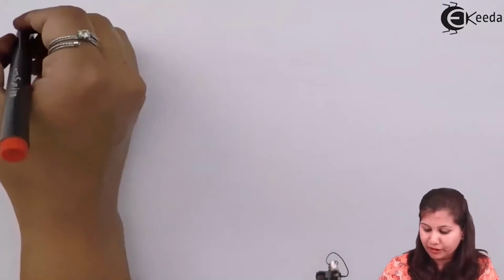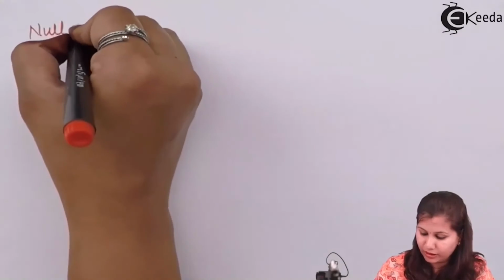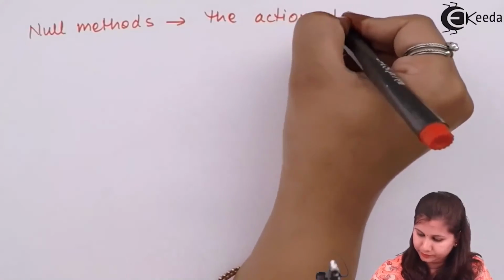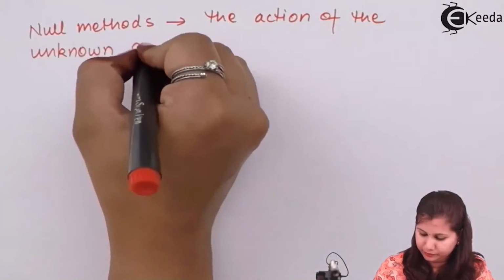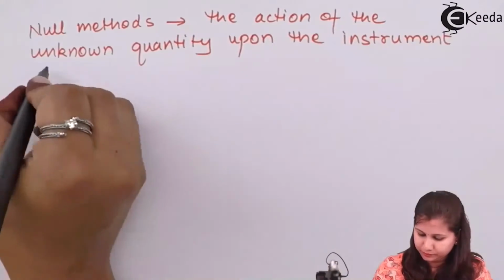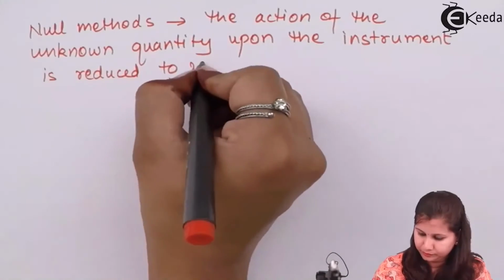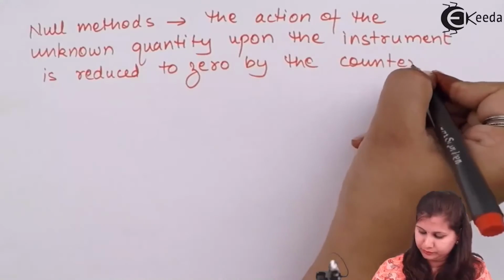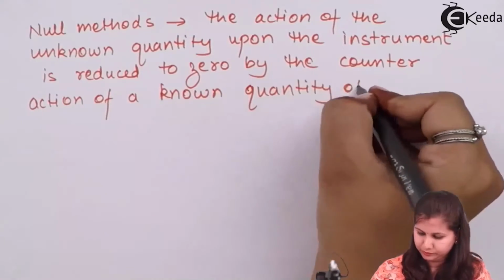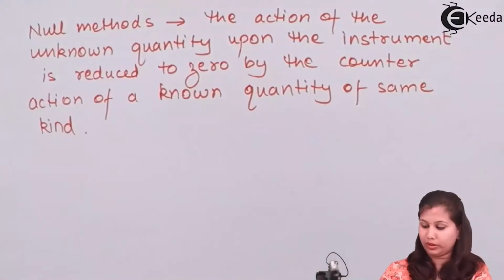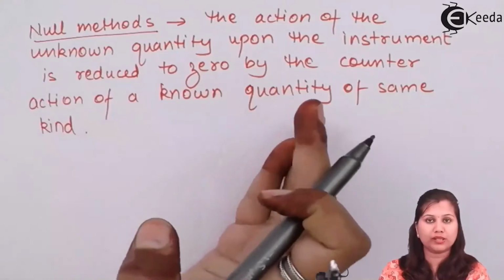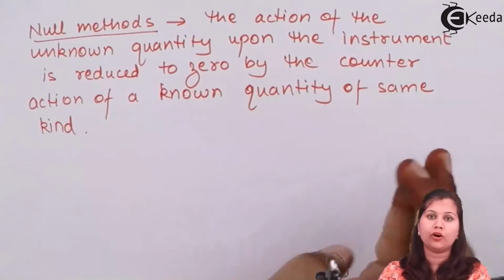So if we write the definition of the null comparison methods, or null methods: in null methods, the action of the unknown quantity upon the instrument is reduced to zero by the counter action of a known quantity of the same kind.